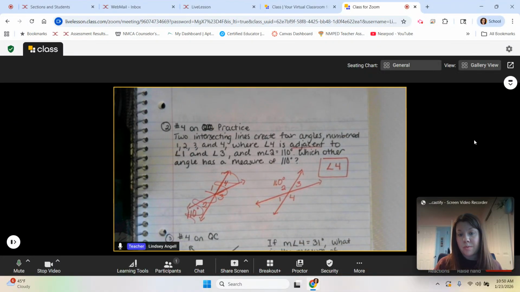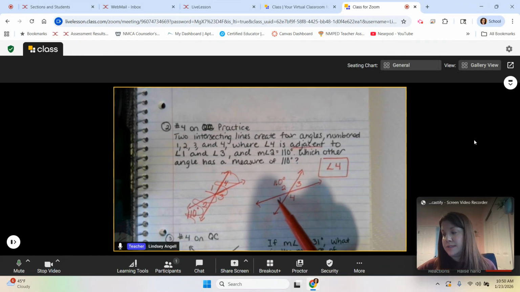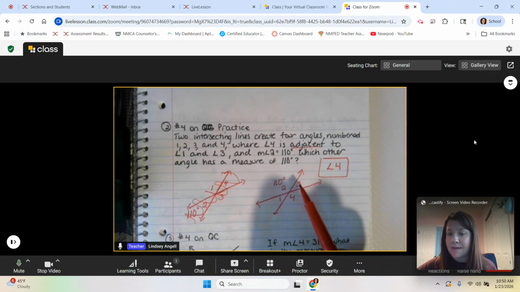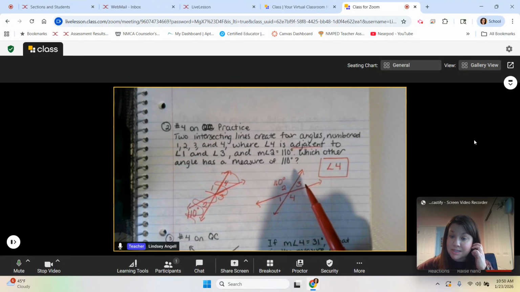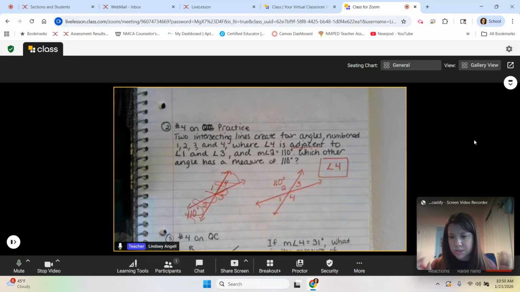The other way we could know that is angle 2 and angle 3 are adjacent to each other, but they're also supplementary, because they make this straight line, so they add up to 180. That means angle 3 has to be 70 degrees. So does angle 1, because they are also vertical. There are multiple ways you can justify that angle 4 is the correct answer.